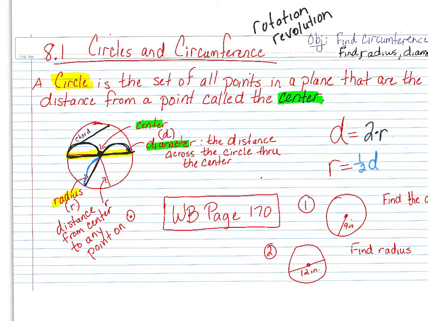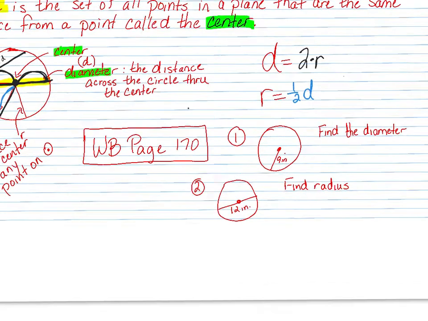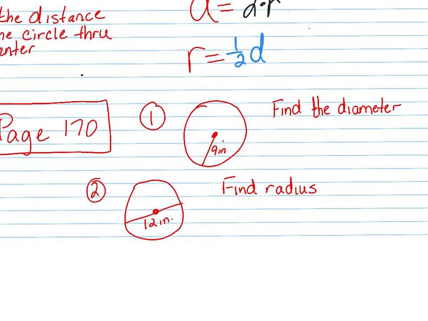Pretty simple, isn't it? So this is actually your workbook, page 170. Number 1, it says find the diameter of the circle. What are they giving you, Matthew? The radius is equal to 9 inches, correct?